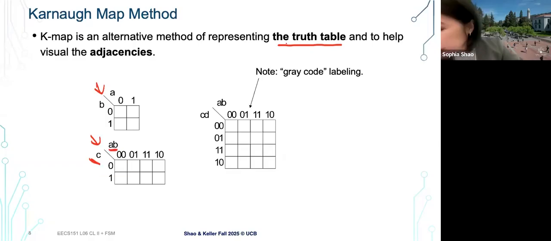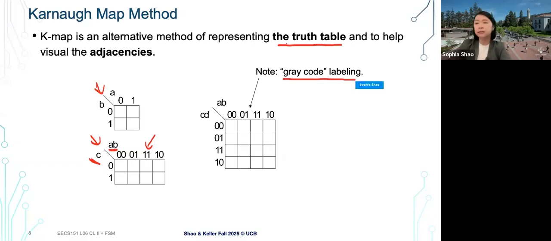One thing in particular worth noticing is that when we have more than one index, when we encode the table entries, we like to do what we call gray code labeling, basically for every adjacent element, there is only one bit that is different from each other.